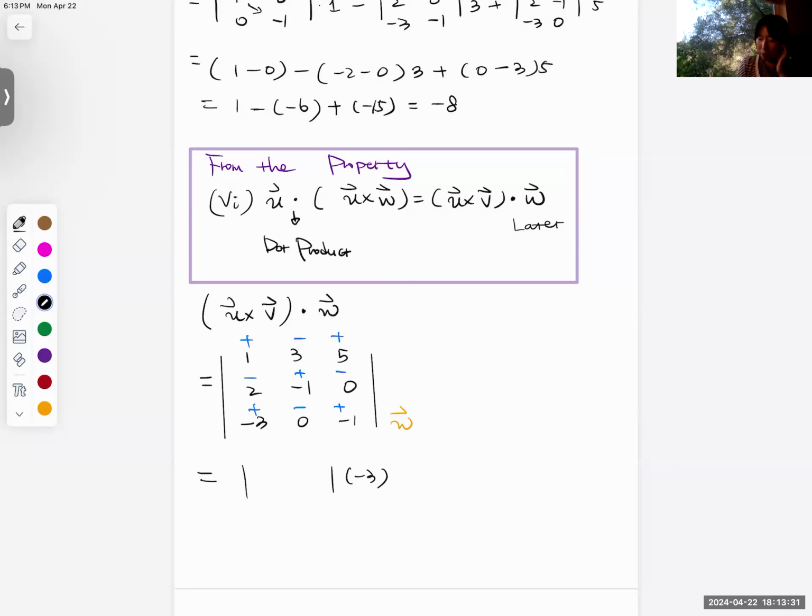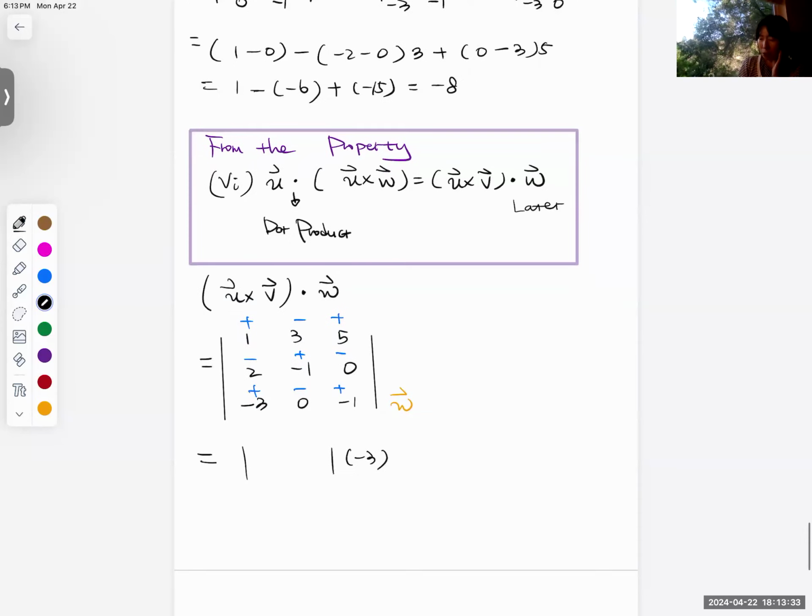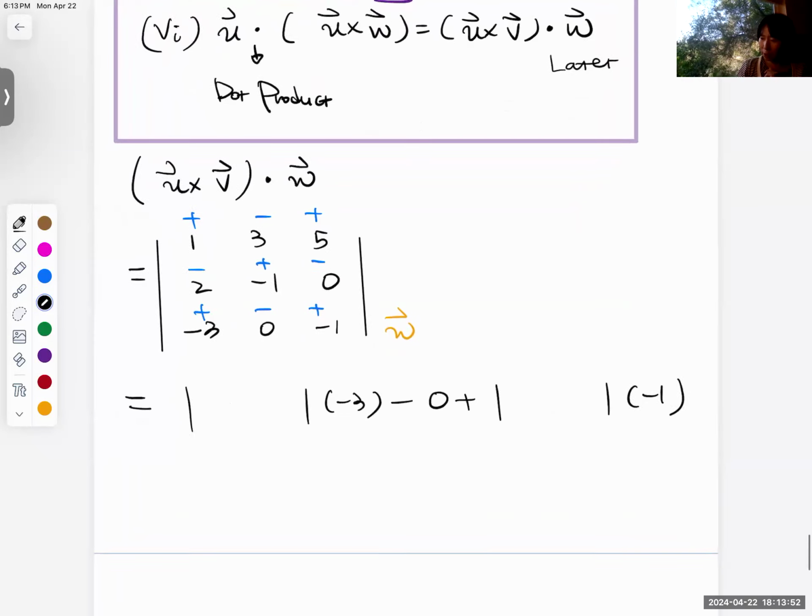And 0. So minus 0, everything's 0. And then positive, well, there is negative. So positive, negative 1, right? You guys okay with this? Very good. Thank you. In the chat.